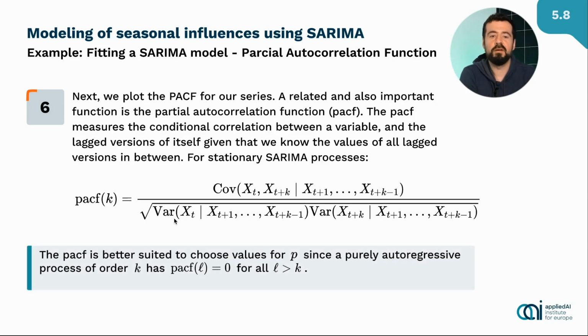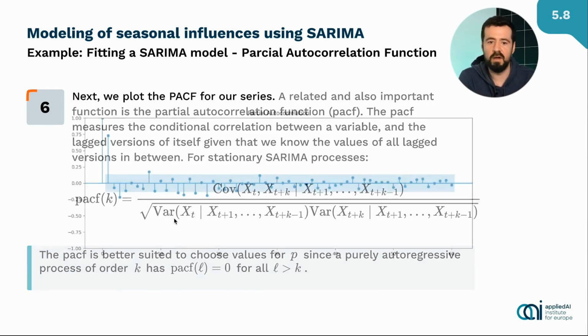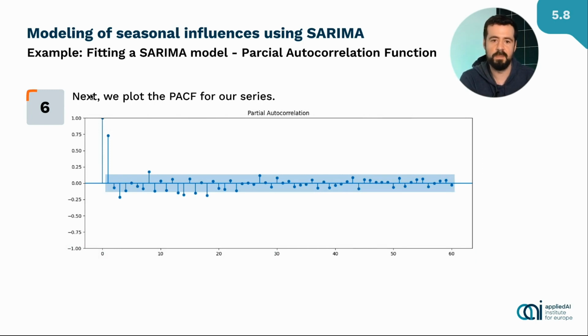The partial autocorrelation is very well suited to determine the number of lags that we need for the autoregressive part, because a purely autoregressive process of order k would have partial autocorrelation of 0 for all the lags larger than k. So looking at the first time where we meet the significance threshold will give us a rather good idea of how to set this p.